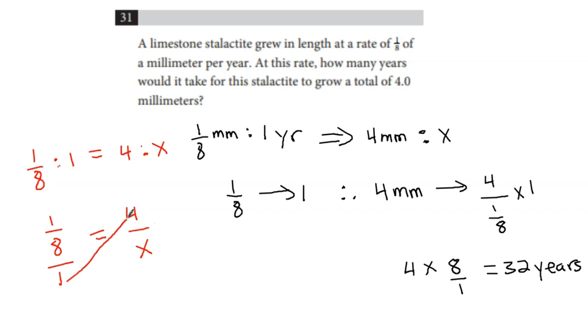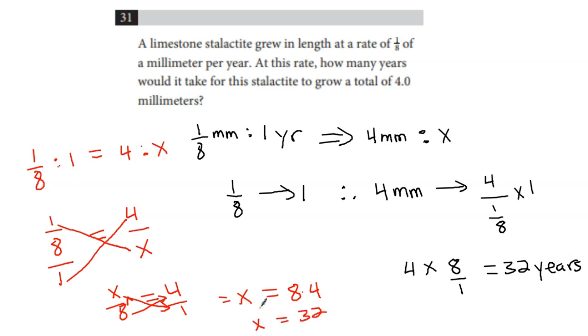You cross multiply and you get x/8 equals 4. You cross multiply again because there is another fraction in it, and you realize that x times 1 is x, and 8 times 4 is 32. Whichever way you like, you go by that.